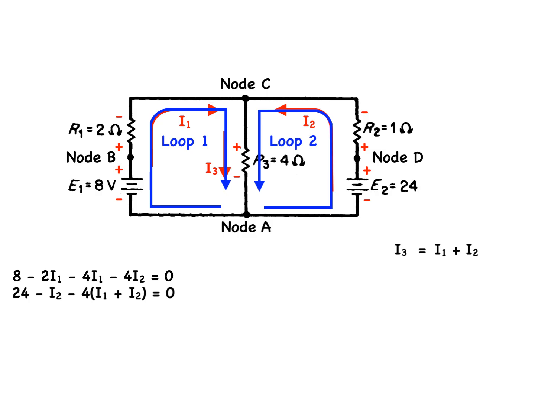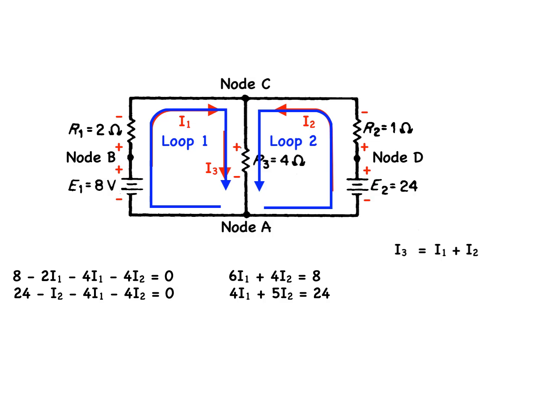And removing the brackets from the second equation will give us 24 minus I2 minus 4I1 minus 4I2 all equal to 0. Collecting like terms in the first equation results in 6I1 plus 4I2 equals 8. And collecting like terms in the second equation results in 4I1 plus 5I2 equal to 24.